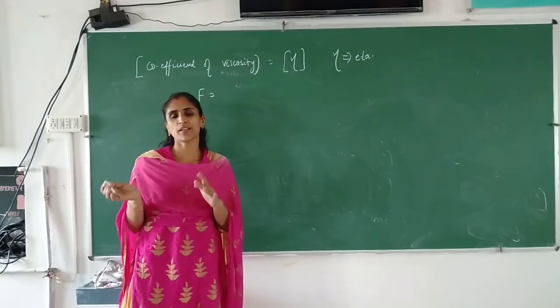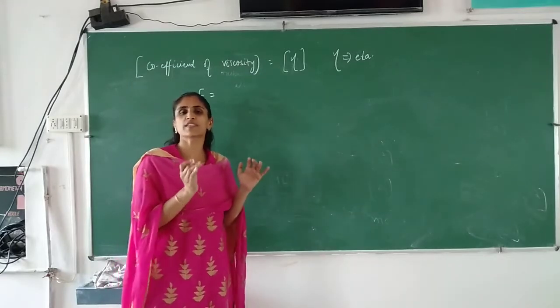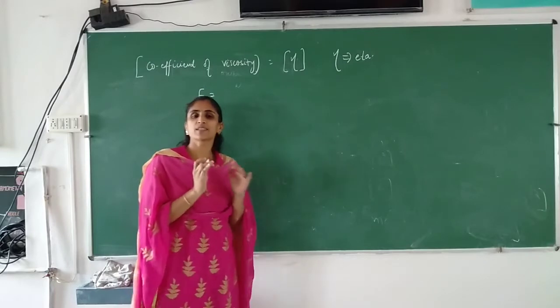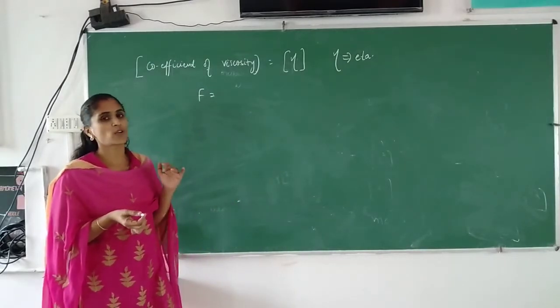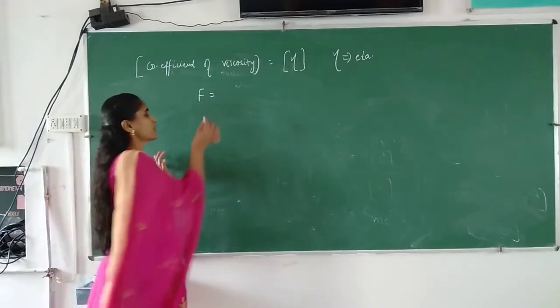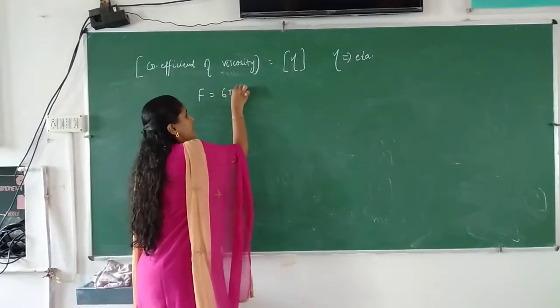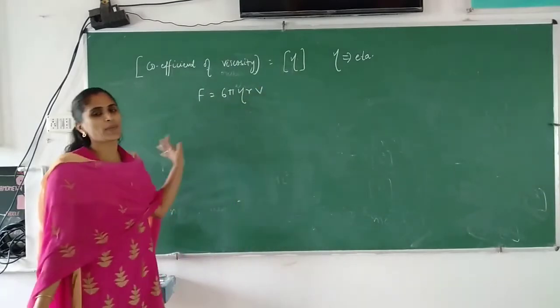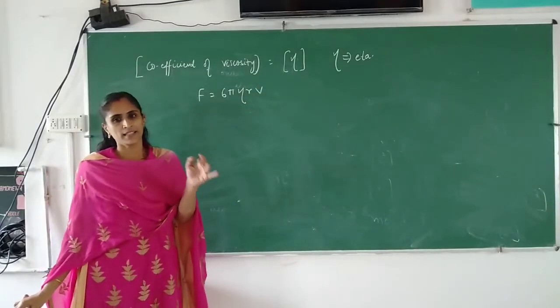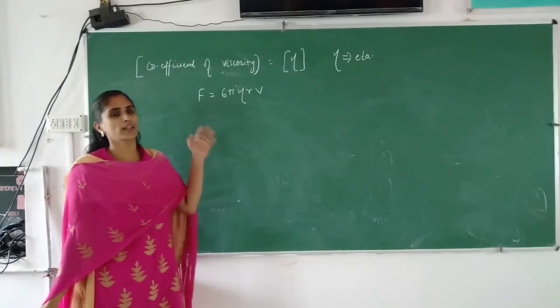Friction is there, no. Similar to friction, the opposing force acting when an object is moving through a fluid is known as viscous force. So the viscous force is given by F is equal to 6 pi eta R v. The same expression we will discuss in the second part of this year only.